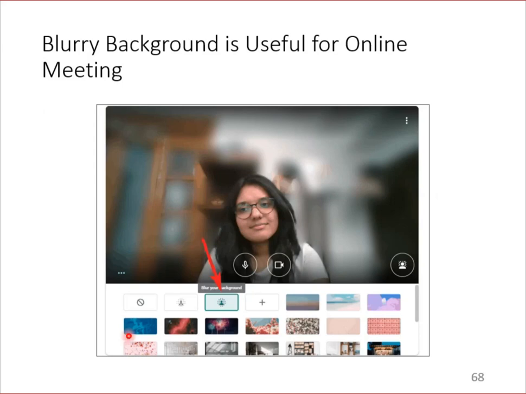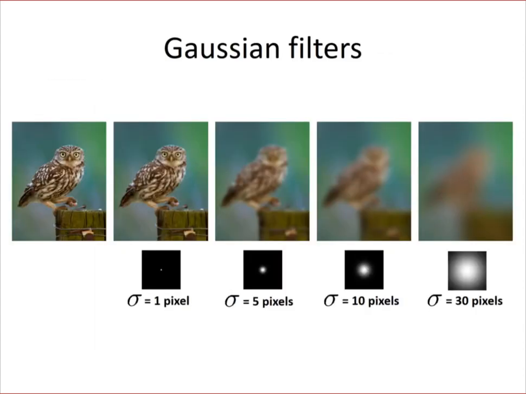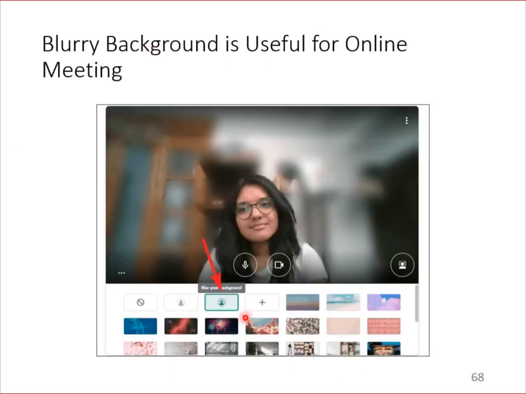And now we know that if we use a larger kernel, then the background will become blurry. And let's go back to the Google Meet application. You can see this is the button, and then there is another button.